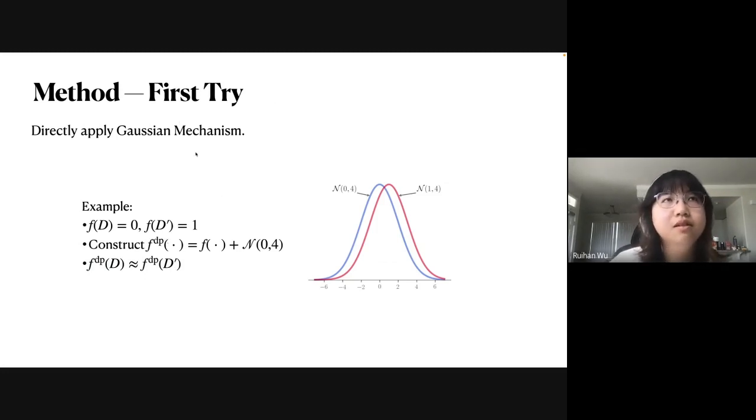Okay, so then we talk about the method, how to release the data. The first try is to directly apply the Gaussian mechanism.